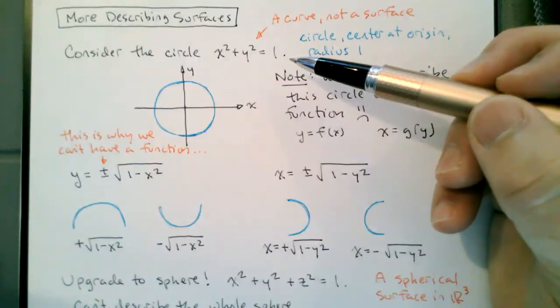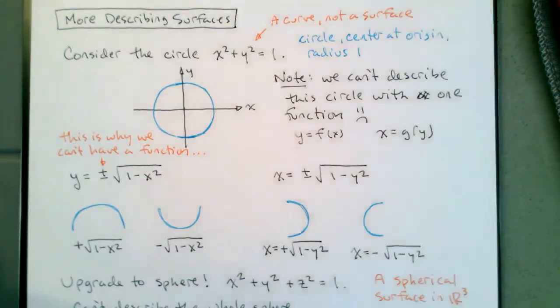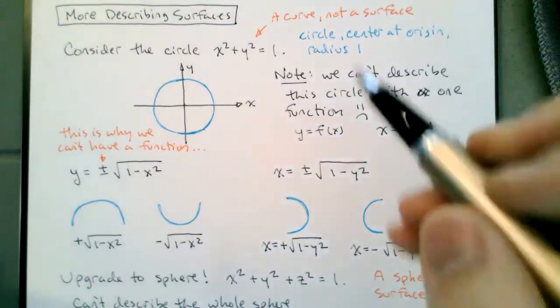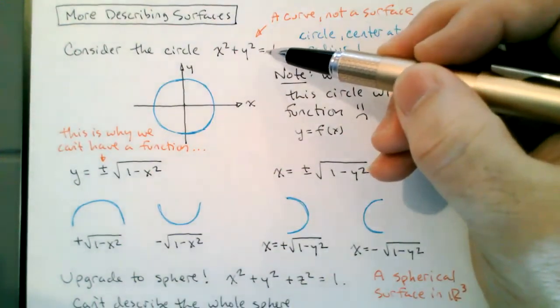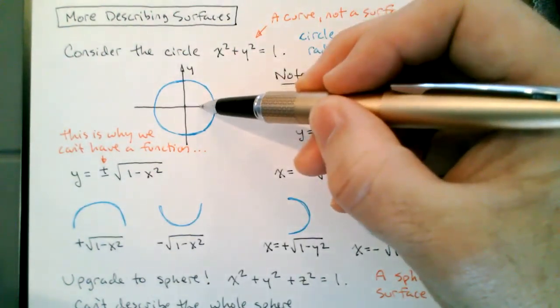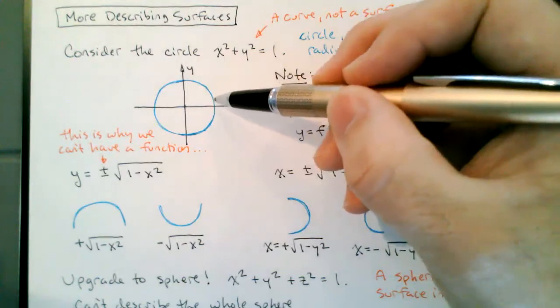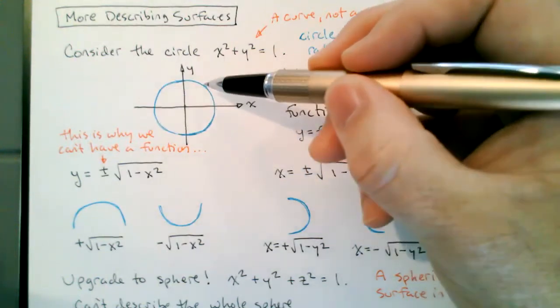At this point, we're going in circles, which is actually appropriate. So this is just the points that are 1 unit away from the origin when we write this equation. So this point does not satisfy the equation because it's only a half a unit away from the origin. So the circle is just the ring around the outside.